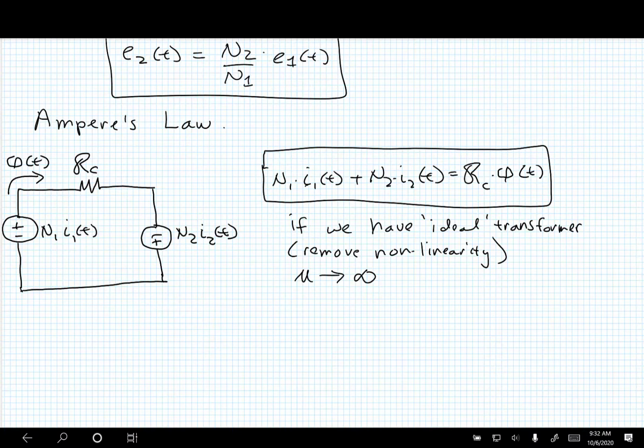That's right. The reluctance of the core approaches zero. If that's the case, then N1 I1 of t plus N2 I2 of t is equal to zero.